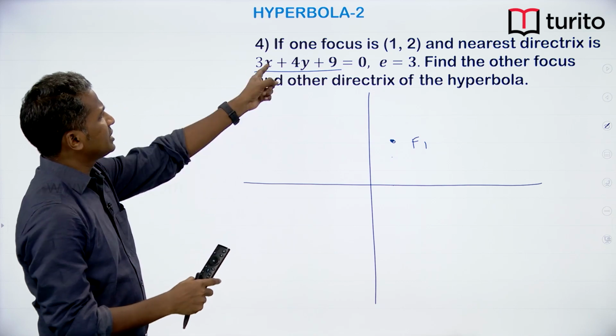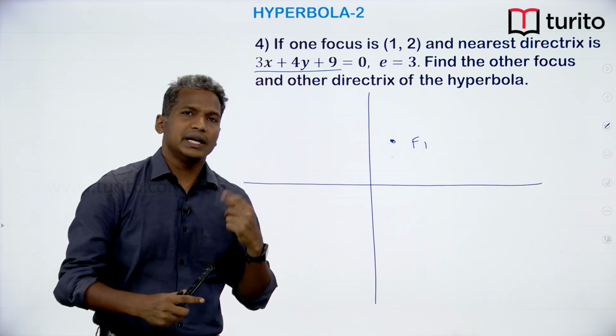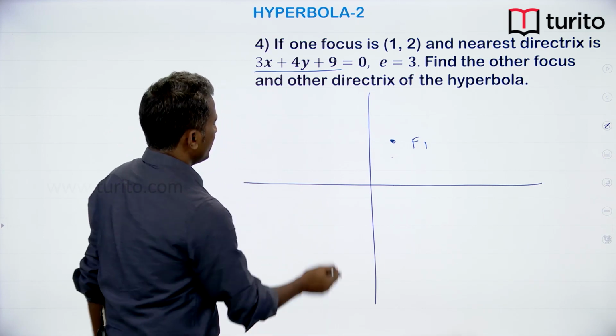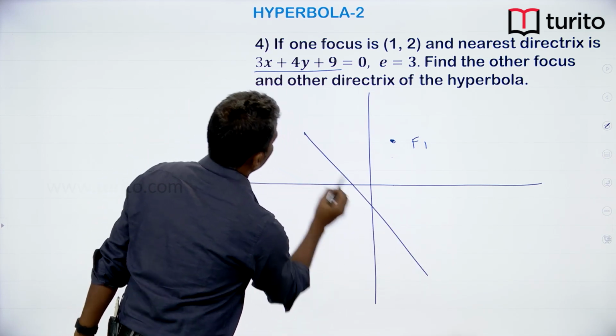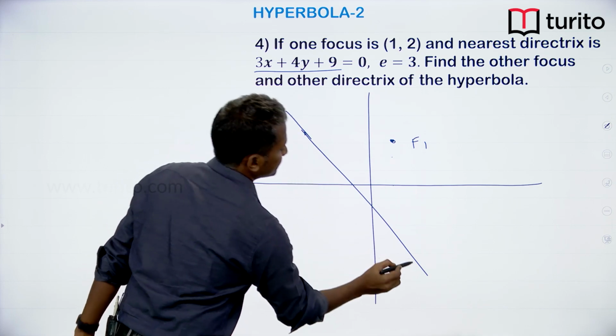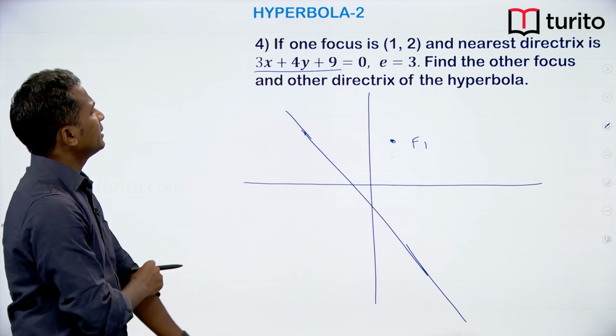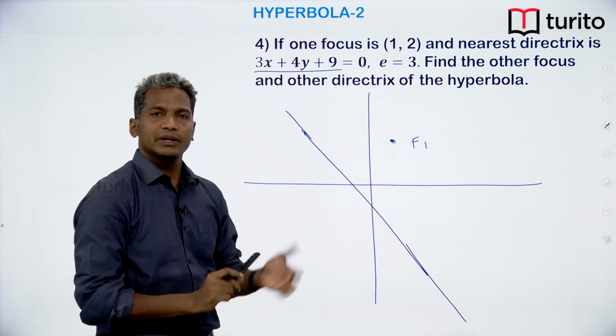If you check, both the x intercept and y intercept of this line are negative. So basically we will get one line here which is our directrix. This information is given and e equal to 3 is also given.